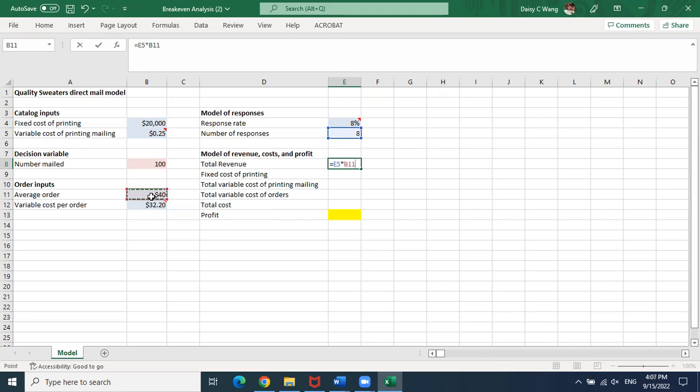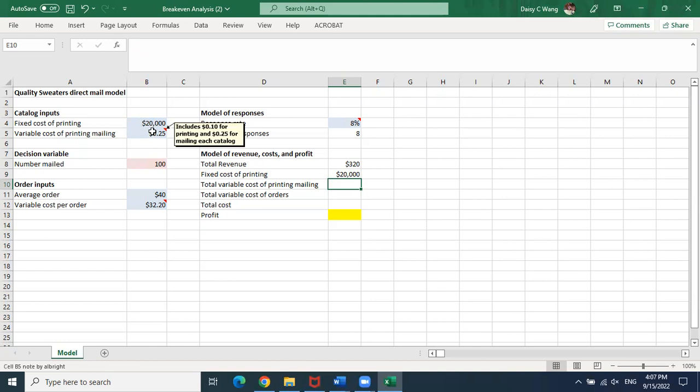That will be our revenue. The fixed cost is $20,000, which we have to pay once we decide to print, for the design and so on.